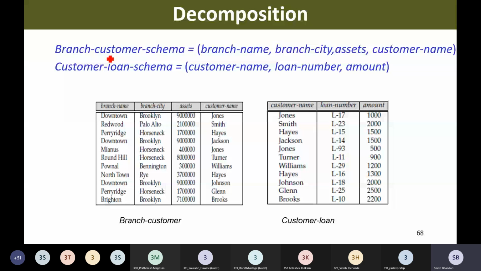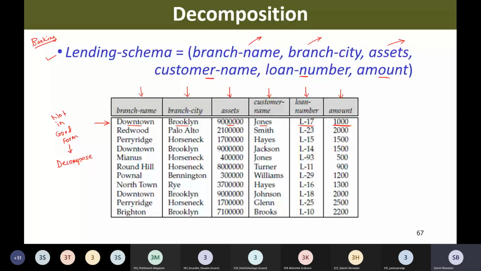So this original schema, the lending schema with 6 attributes, is now decomposed into two relations, branch customer and customer loan, and the respective attributes are shown in these relations.